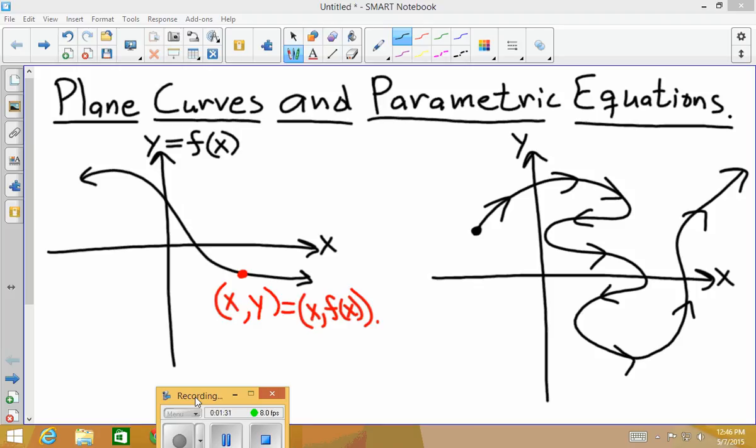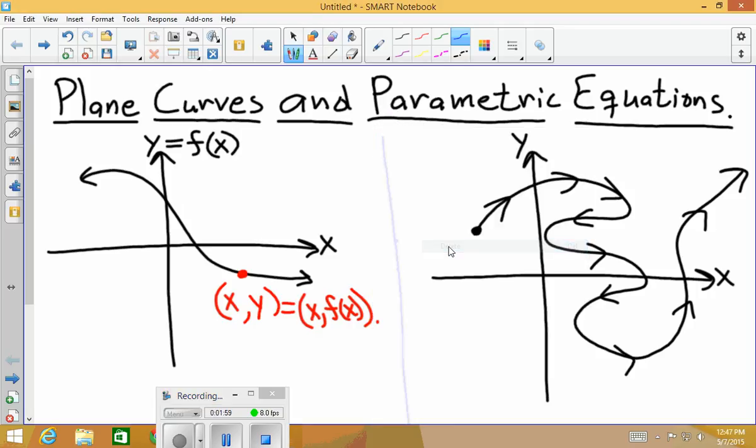And this curve no longer defines a function of y in terms of x. We can quickly notice that because of the vertical line test. If you, for instance, choose this vertical line, this hits the curve in more than one spot, and so this curve is not a function of y in terms of x. However, the y and x variables themselves may be functions of a third variable.